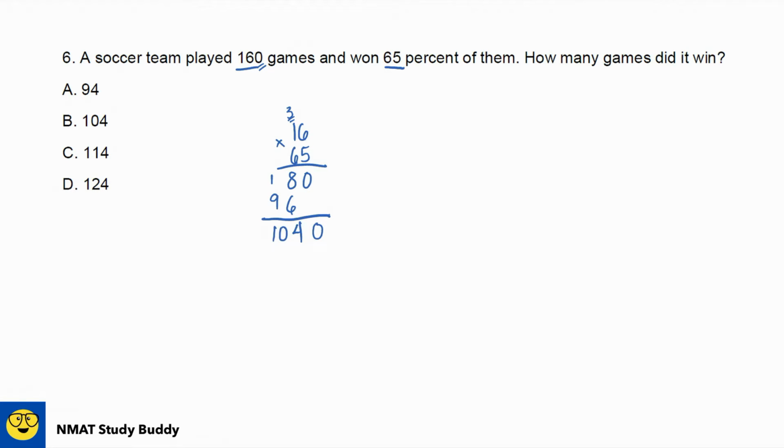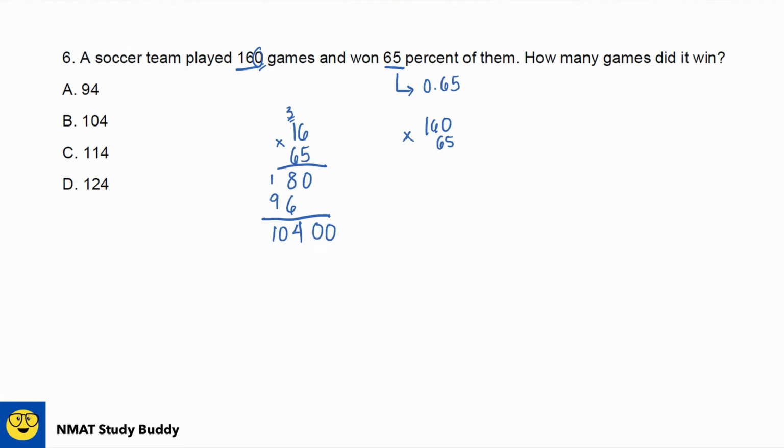And then, since meron ka pang 0 na hindi na-include dito, dadagdagan nyo lang siya ng 0 sa dulo. Same lang din yan as 160 times 65. Tapos, since naka-percent yung 65, kapag ginawa mo siyang decimal, magiging 0.65 siya. Kasi diba yung percent, kailangan mo pa siya i-divide by 100.